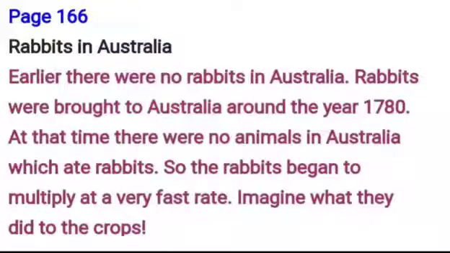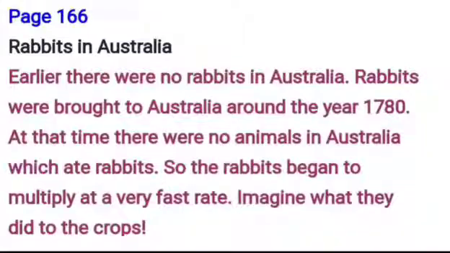Rabbits in Australia. Earlier, there were no rabbits in Australia. Rabbits were brought to Australia around the year 1780. At that time, there were no animals in Australia which ate rabbits. That means the rabbits had no issue of getting killed by some animal or the other.